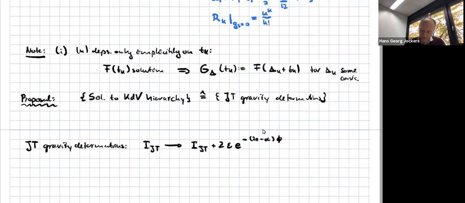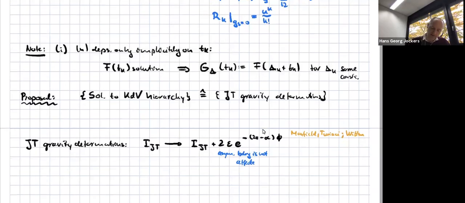So the asymptotic boundary is not affected. And this was actually also the motivation to study such deformations by Maxfield and Turiaci, and also in a paper by Witten. This is a particularly nice deformation because it has a nice interpretation.